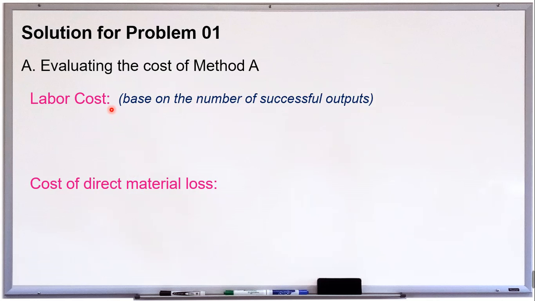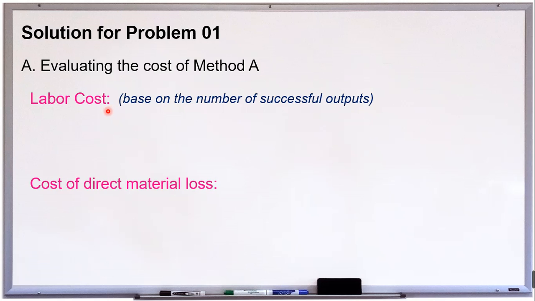Now, for the labor cost, this is based on the number of successful outputs. We all know that the production rate of the workers has some rejected units. So there are only an effective number of units, or what we call the number of successful outputs.